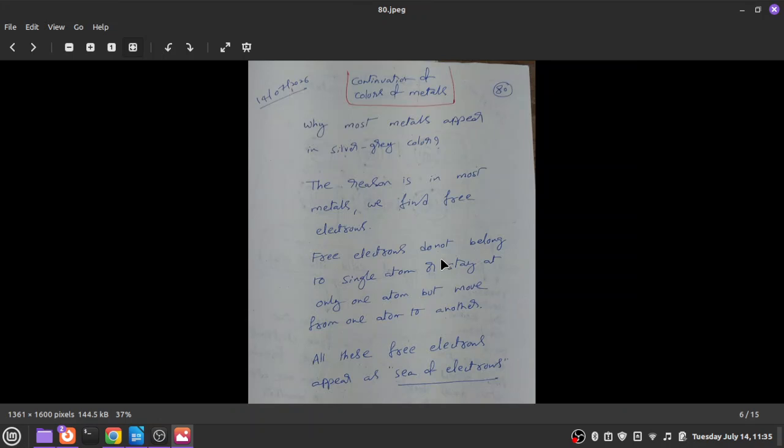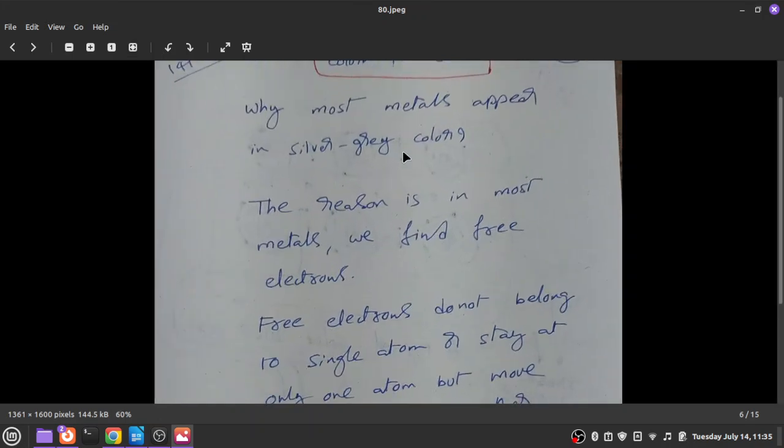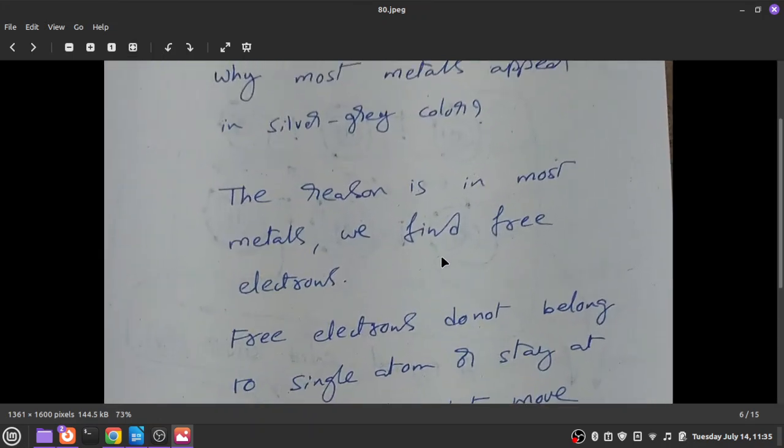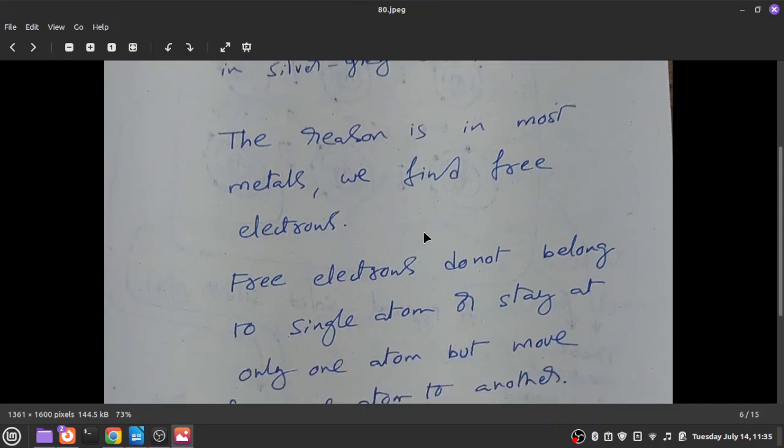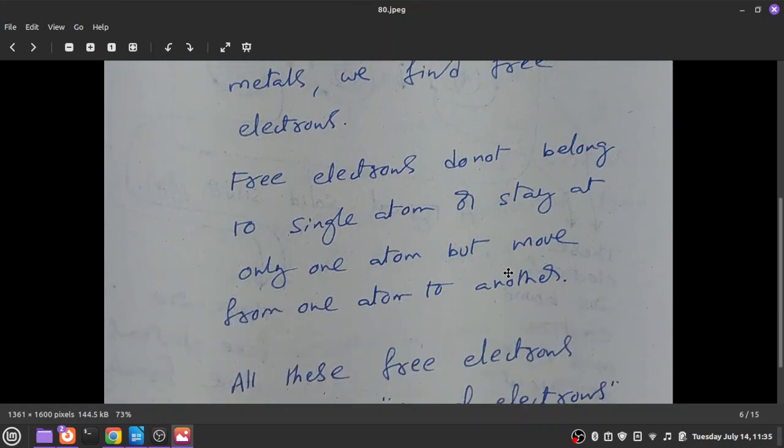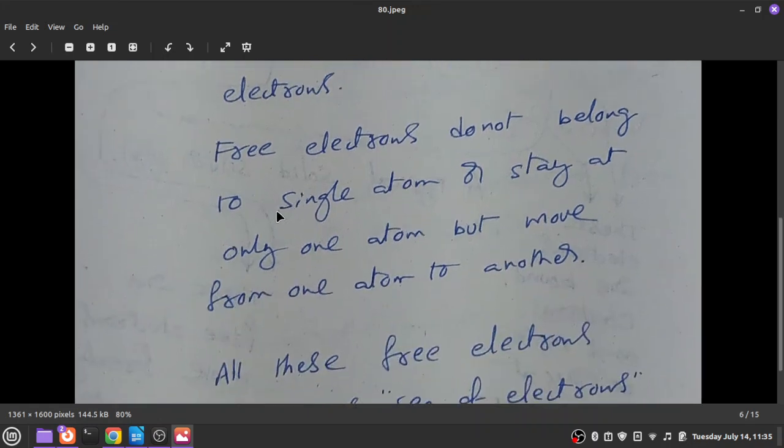Next, you see why most metals appear in silver gray color. The reason is that in most metals we find free electrons. What are free electrons? Free electrons do not belong to any single atom or stay at one atom, but move from one atom to another.